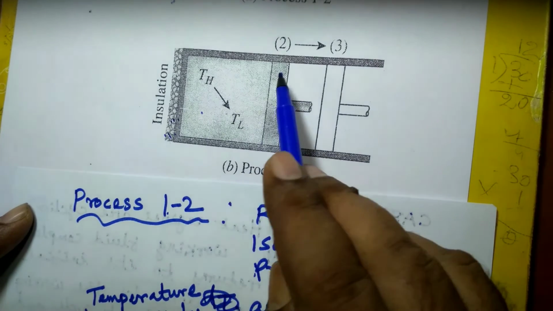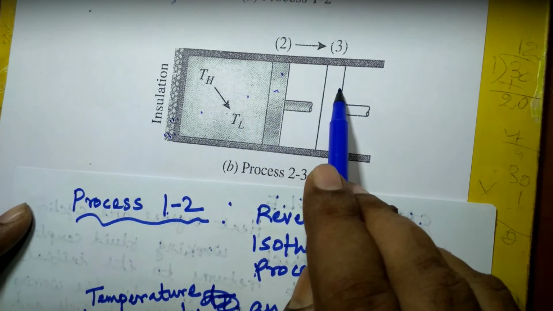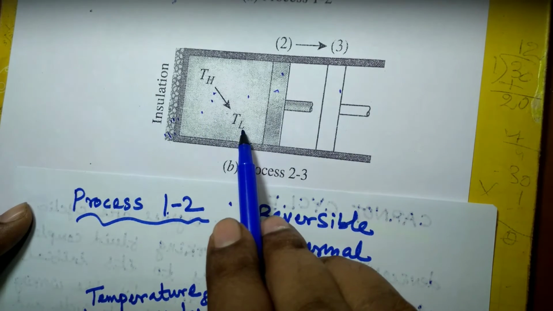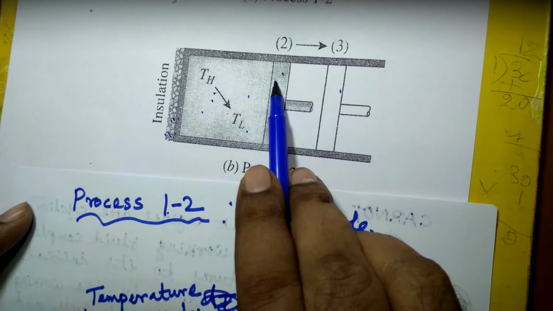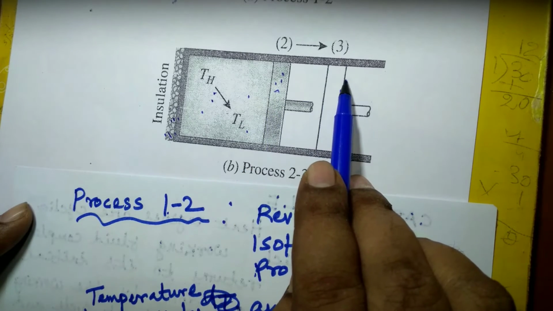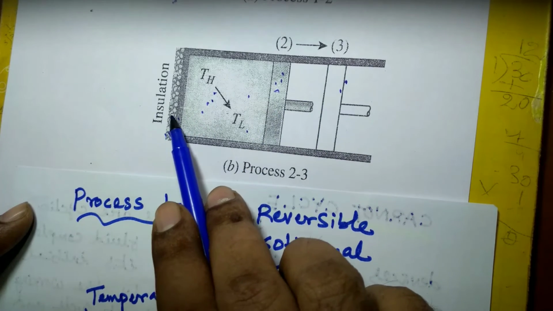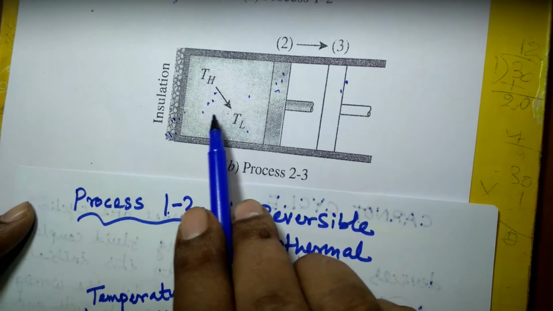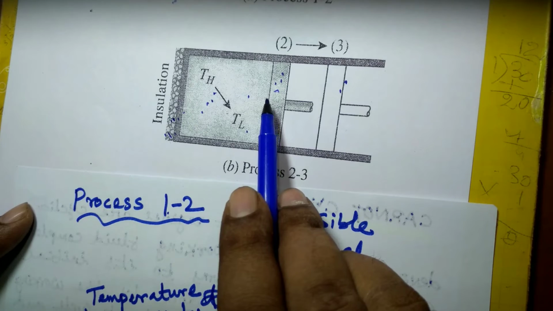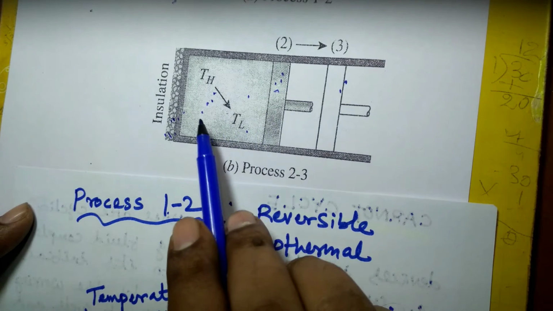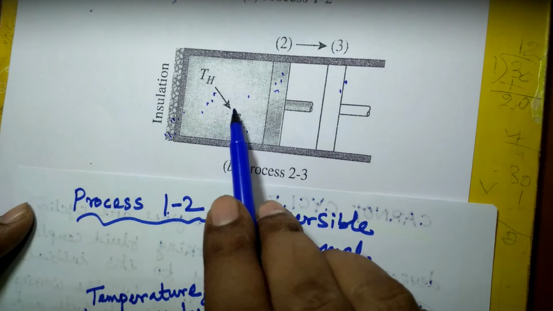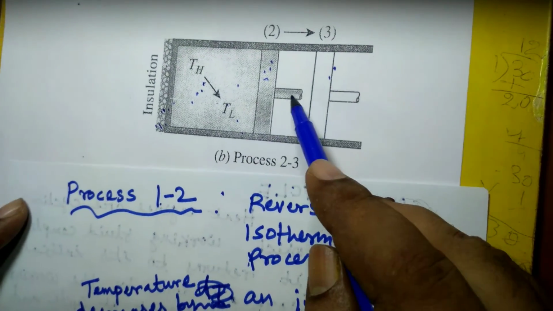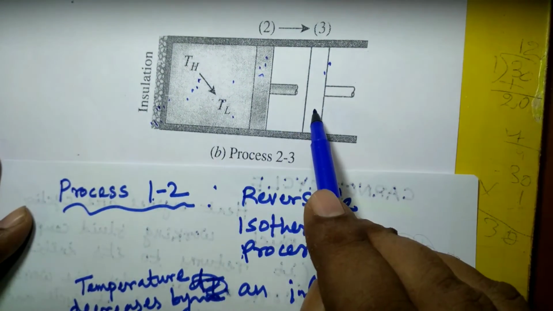Now if the gas expands slowly, the temperature will decrease from TH to, suppose, TL, and the system moves from state 2 to state 3. Because insulation is placed at the cylinder head, no heat transfer can take place. Now this is an adiabatic process. There is a drop in temperature from TH to TL, and then the system reaches state 3.